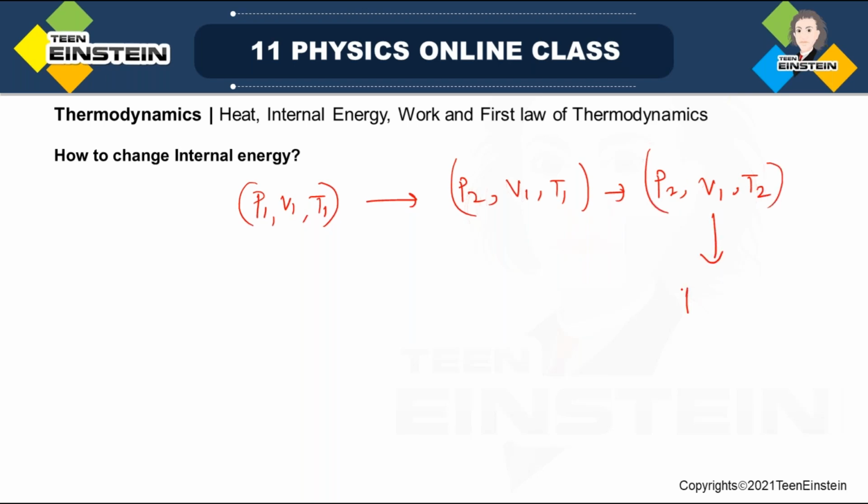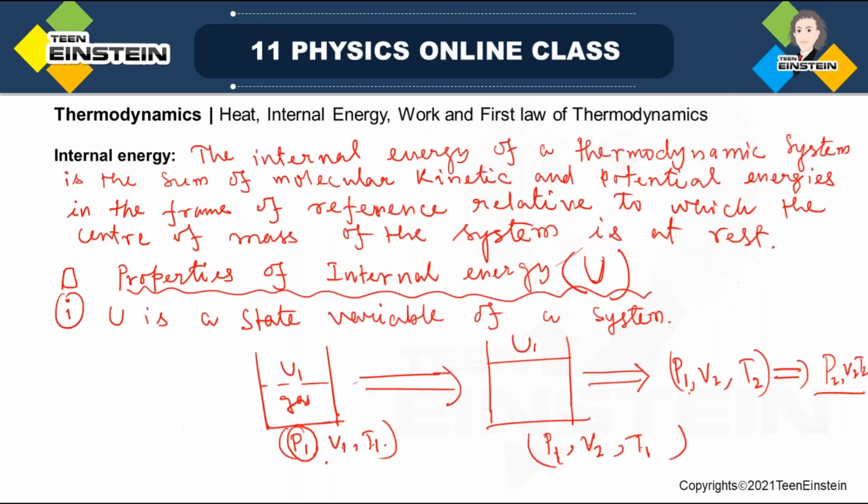Then finally I can change the volume, keeping both temperature and pressure constant. So I can do it in two ways, even in several ways, but it does not depend on how I arrive from P1, V1, T1 to P2, V2, T2.